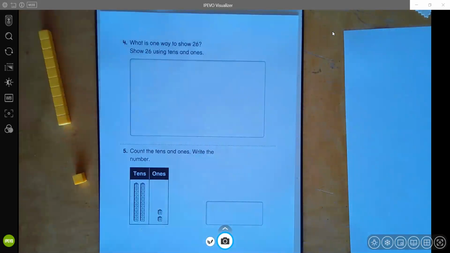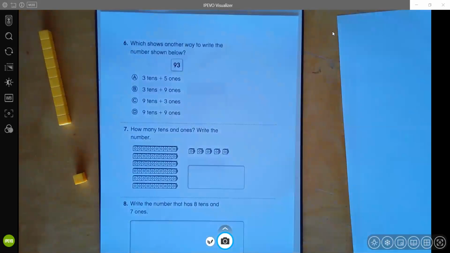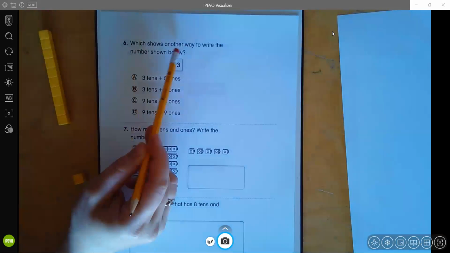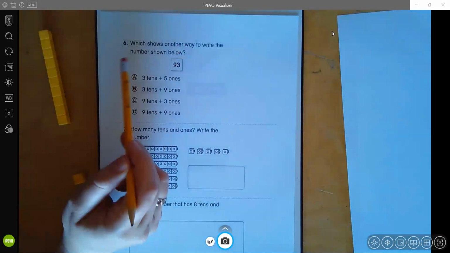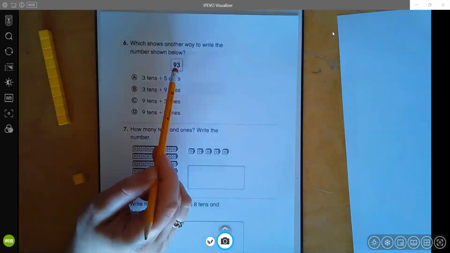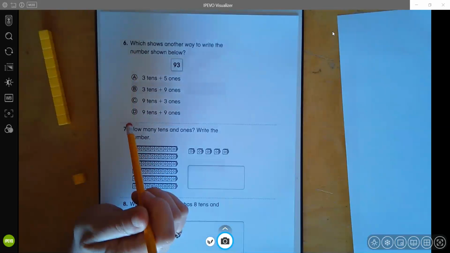I'm going to turn the page. All right, number 6. Which shows another way to write the number shown below? The number shown below is 93. So you have 4 different choices to choose from.